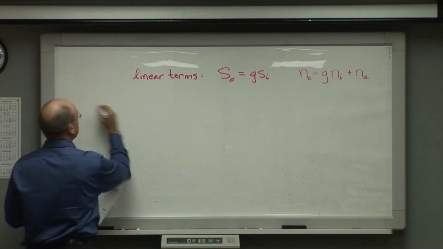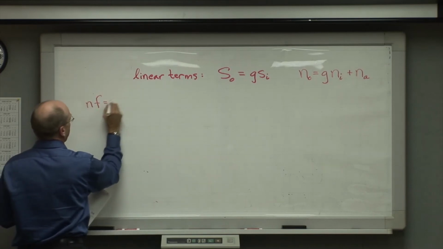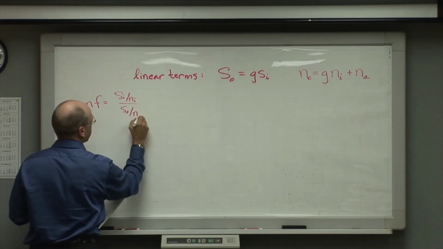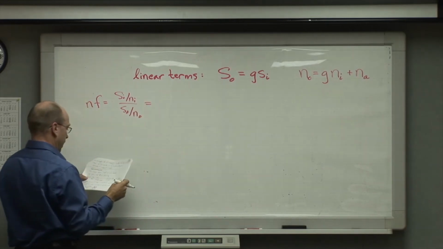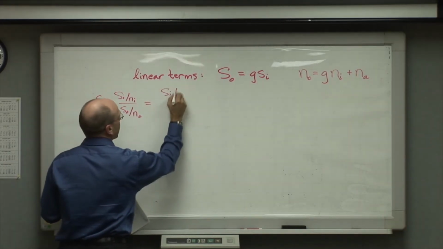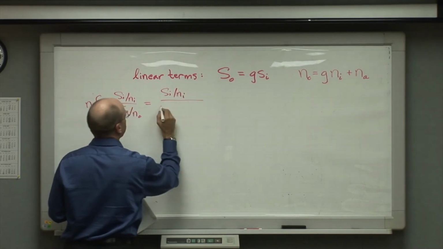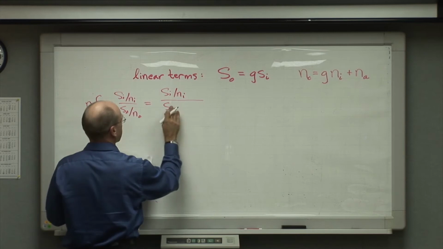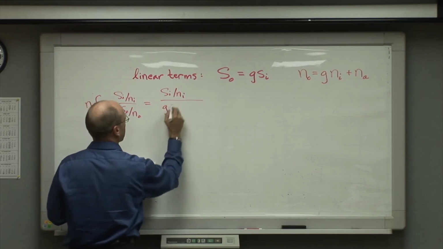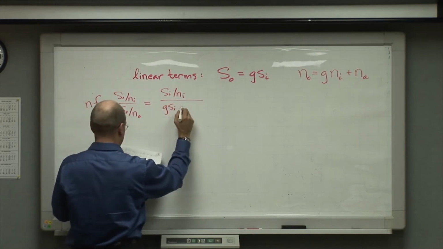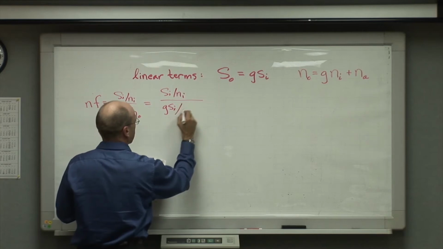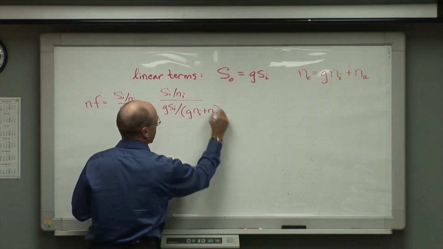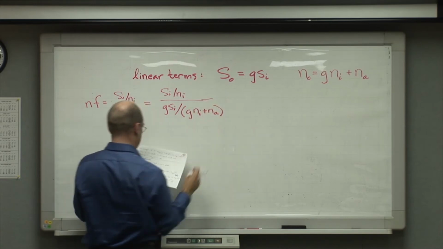And that means that since noise factor is equal to SI over NI divided by SO over NO, that is in fact equal to SI over NI divided by GSI over GNI plus NA. So far so good.